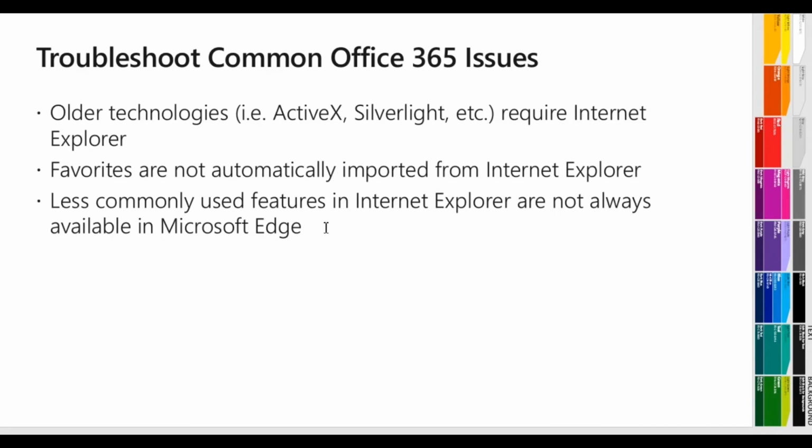Common Office 365 issues means maybe you want to run something in Internet Explorer and it's not running over there, or some of the stuff in Internet Explorer you want to move to Microsoft Edge. In those kinds of scenarios, maybe some of the favorites are not working. Those kinds of issues may be related to Office 365.